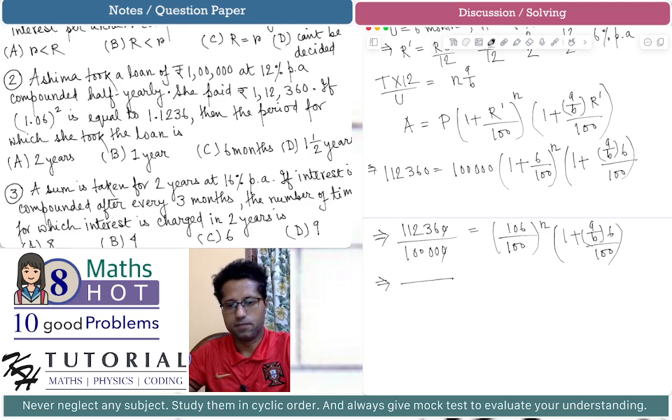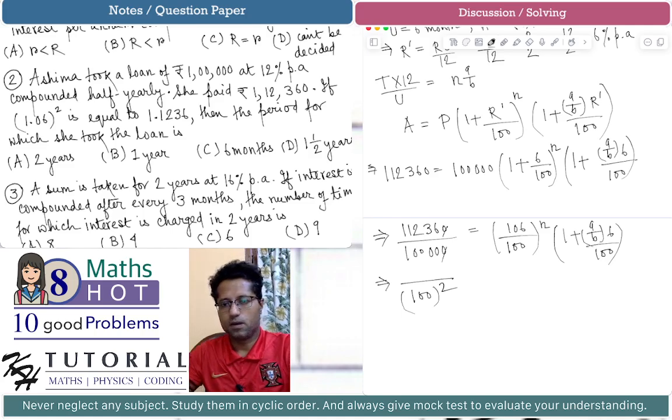So this will be 100 squared. The numerator should also be something squared, then only we can express the whole left hand side as a square of a rational number.